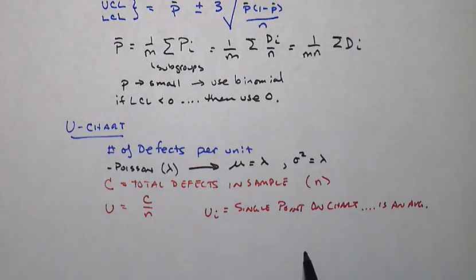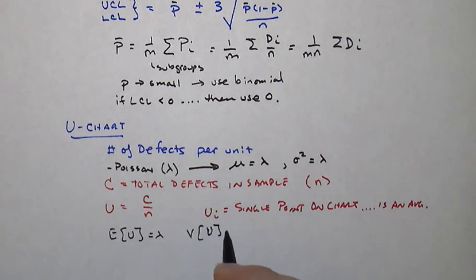Single parameter random variable. And so when we start taking a look at u, the expected value of u is equal to lambda. The variance of u turns out to be associated with all of these.